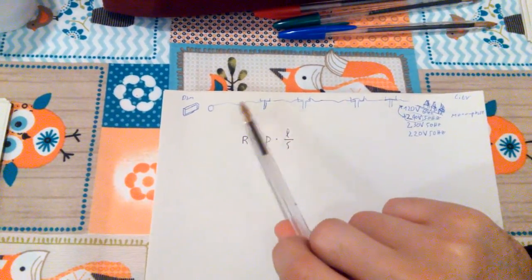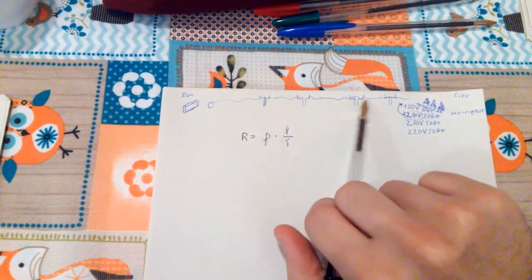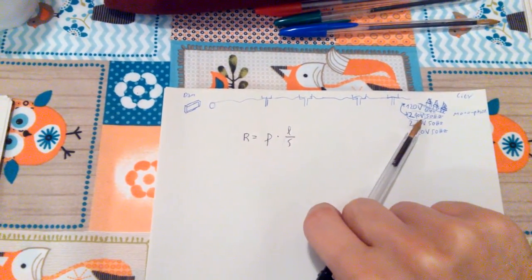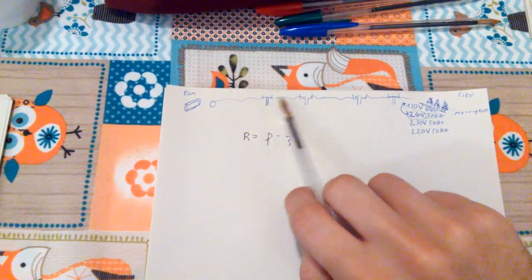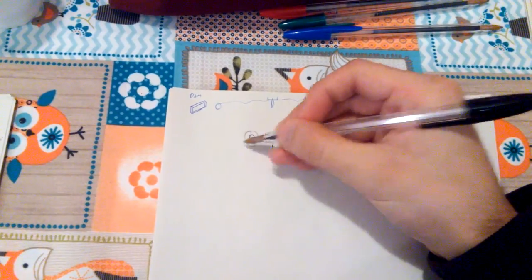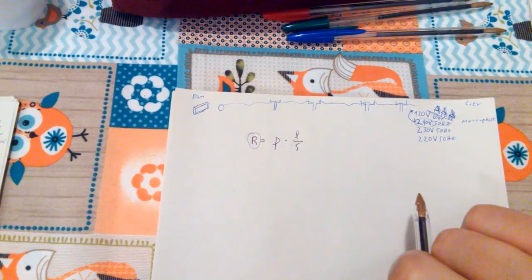Now, if we were to carry the current the way it's carried, so like I suppose that I get 240 volt, 50 hertz, we would have a lot of current going through here, and we will get a lot of resistance from the copper wire.